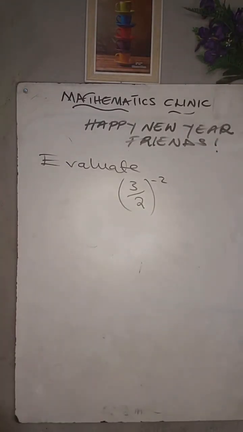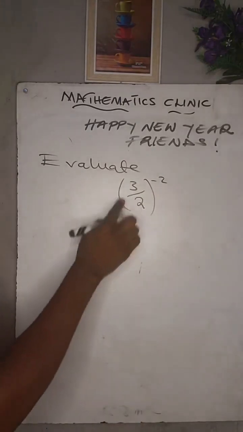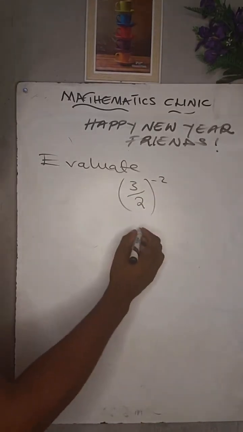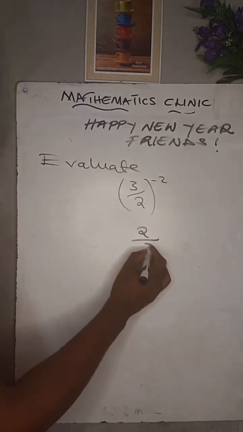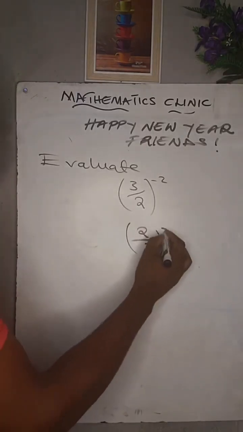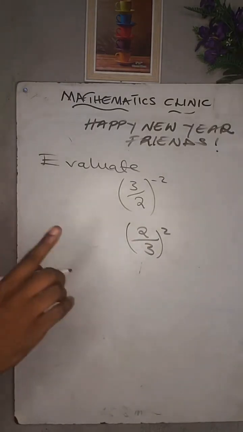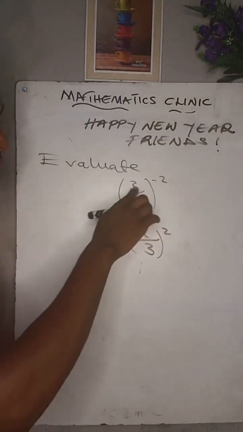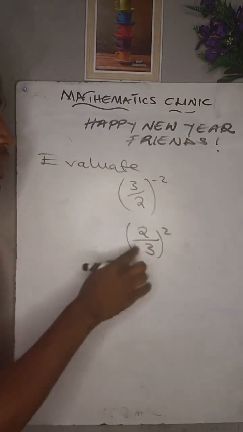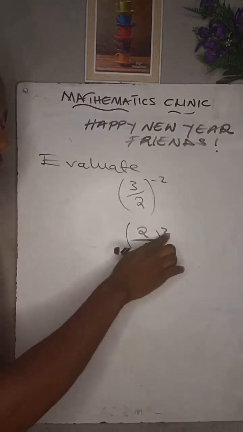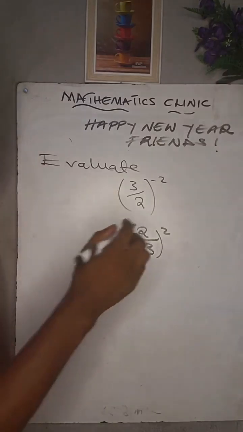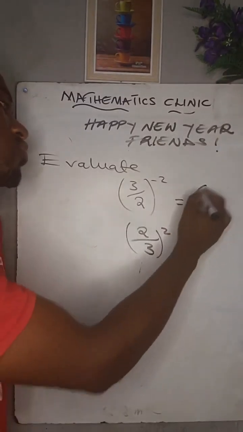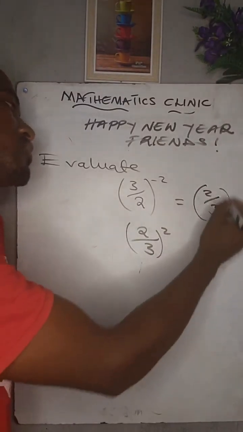So what we're going to have now is, if we reciprocate this, the denominator, which is 2, becomes the numerator, and the numerator becomes the denominator. Then we have a squared. So this one is 3 over 2 to the power negative 2, but this time around it is 2 over 3 to the power 2. What I mean is, this is equal to 2 over 3 squared.